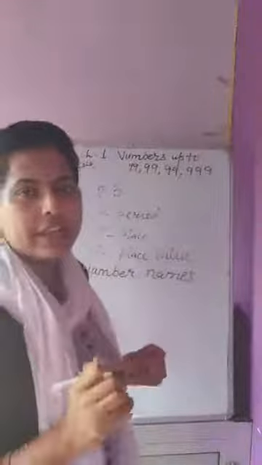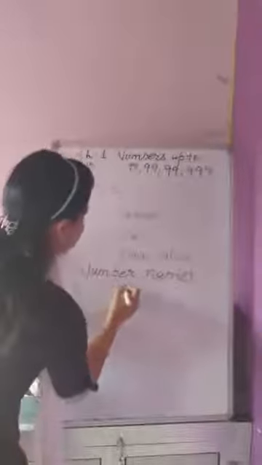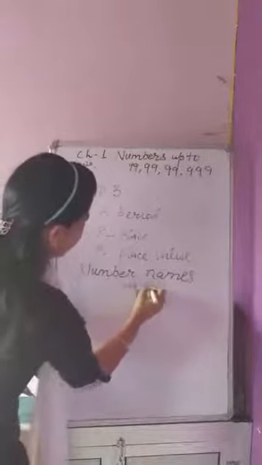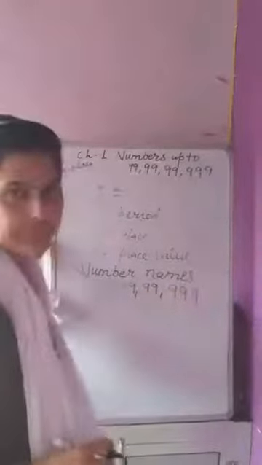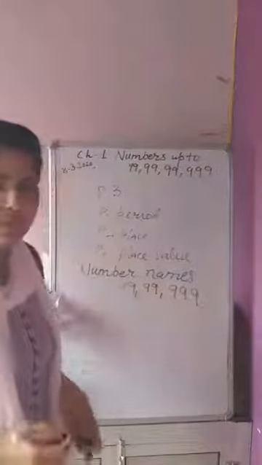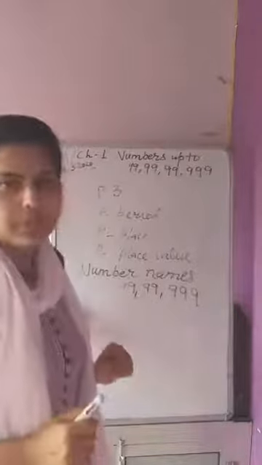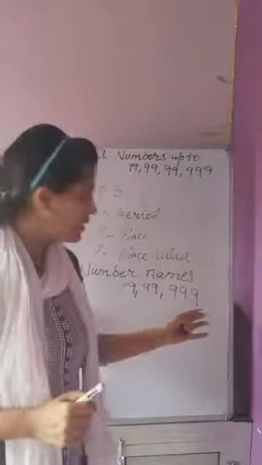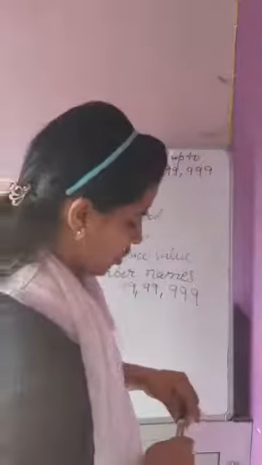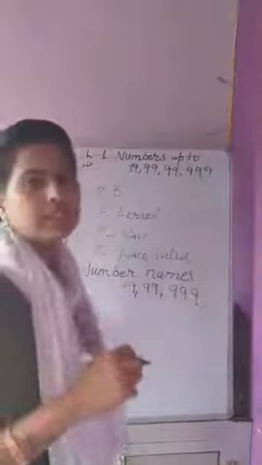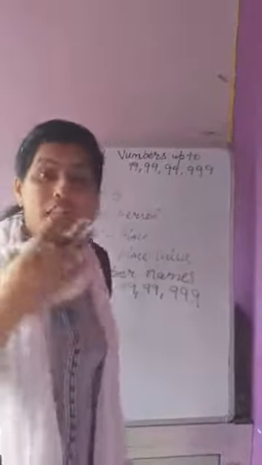Suppose you have been given a 7 digit number, that is 99,99,999. So you can write its number name very easily. You can know the period of this number. You can know the place of each and every digit of this number. So let us learn about period and place by your house.